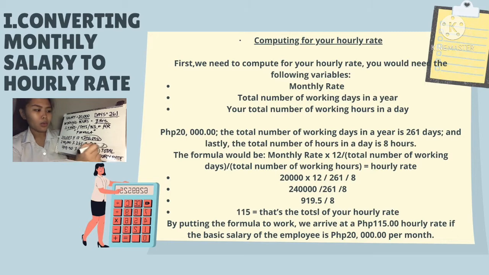After mo makuha to, i-divide mo naman siya sa working hours po, which is 8. 919.50 divided by 8 is equal to 115. And that is your total hourly rate.